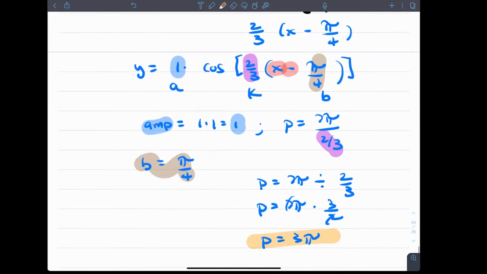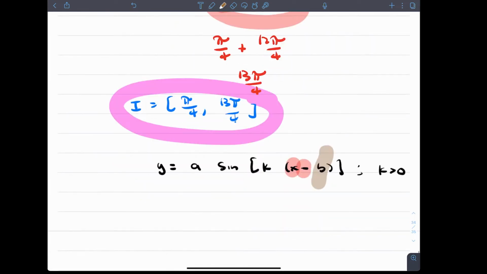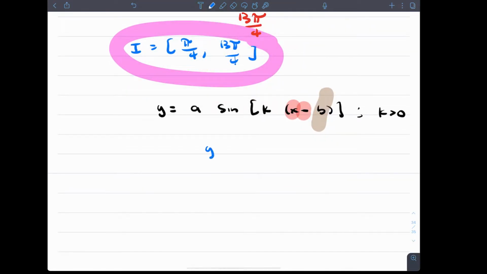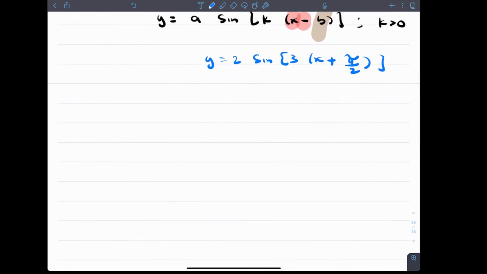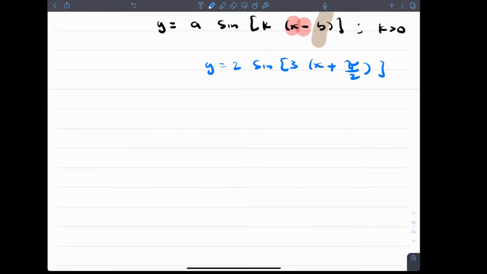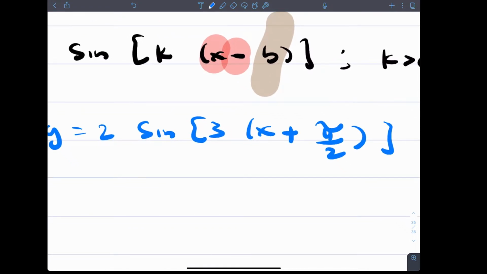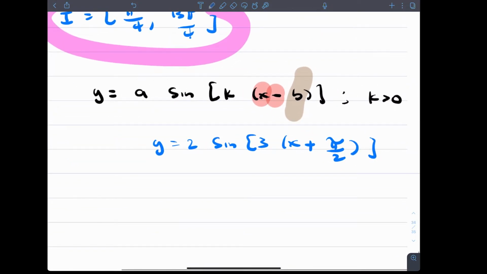And I know what happens because sometimes when people see a plus, maybe they see, oh, you got y is 2 sine 3x plus pi over 2. Okay, that's not in the format of x minus, is it? It doesn't look like x minus. So you have to remember that the opposite of a negative is a what? Positive.